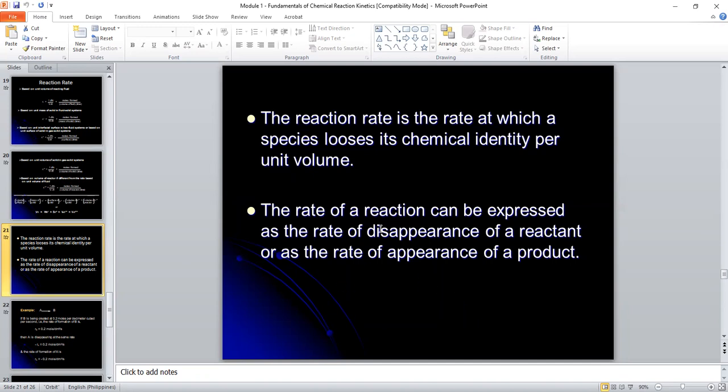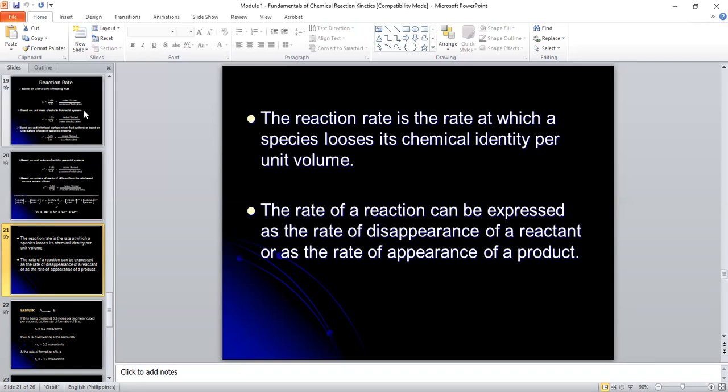Now, speaking of this class, how will you distinguish a rate expression giving you the rate of disappearance and a rate equation that gives you the rate of formation or appearance of a product?